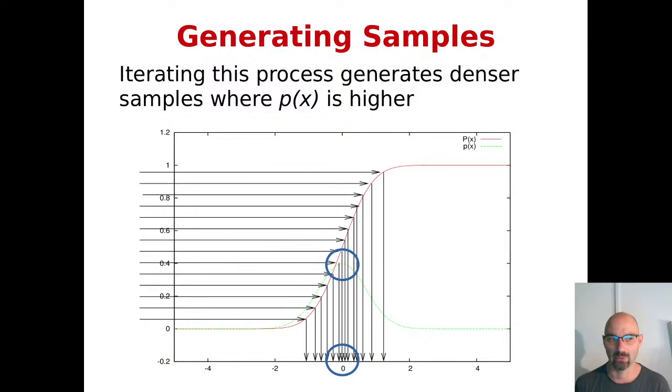I just show it with a Gaussian because it's what you're familiar with so far. Okay, so now we know how to generate samples from a distribution of which we know the cumulative or the inverse of the cumulative.